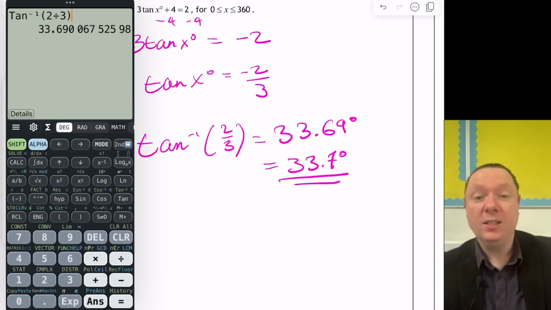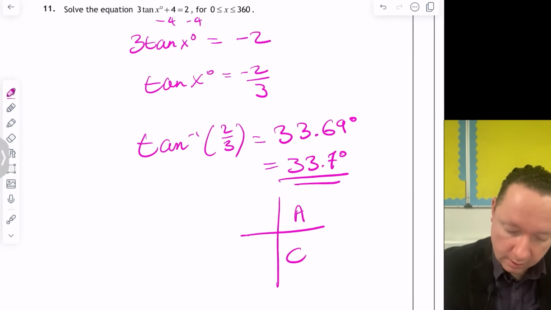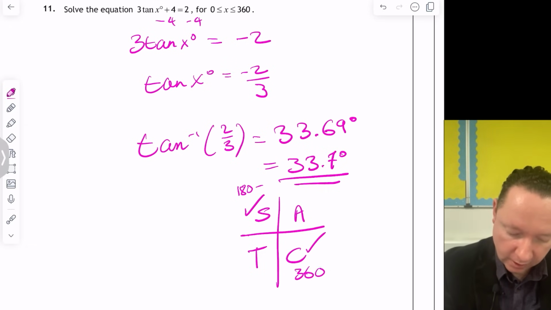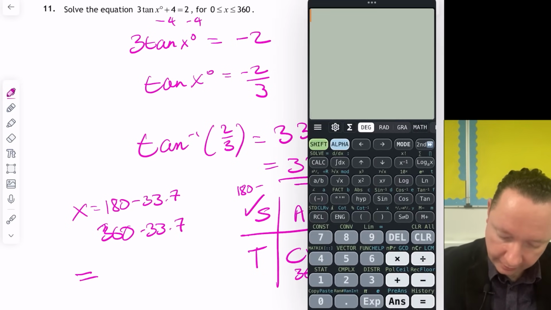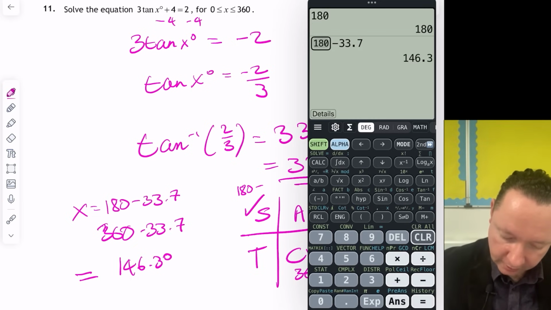So that's that, but that's not any of my x's, because if we look at the cast diagram, tan is positive A and T, so S and C, which is 180 minus and 360 minus, so x is 180 minus 33.7 or 360 minus 33.7. So we're going to get two answers. 180 minus 33.7 is 146.3 degrees, and 360 minus 33.7 is 326.3 degrees, and we're done there.